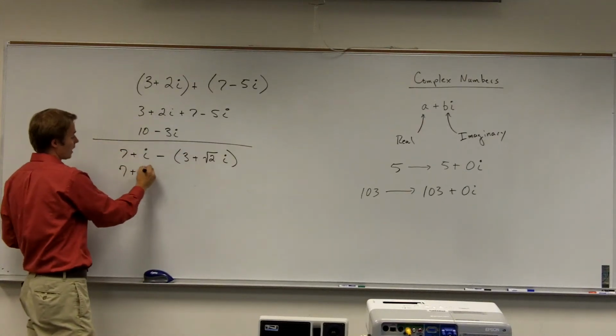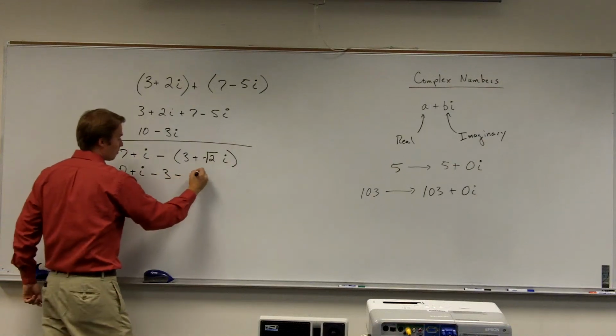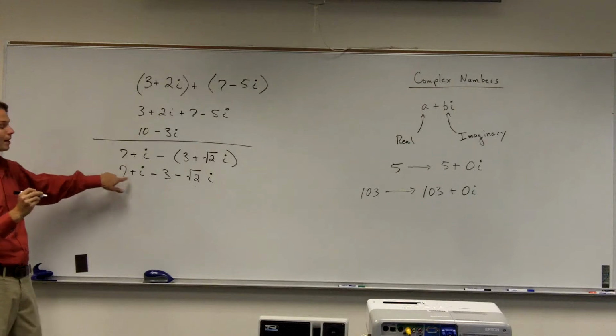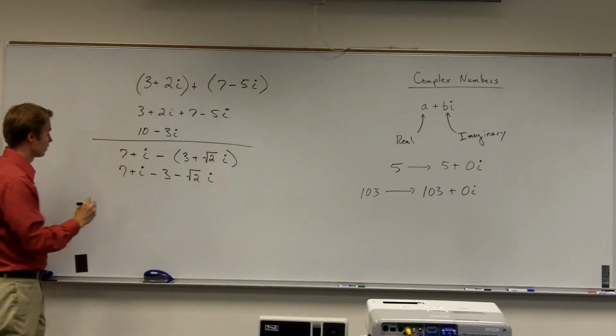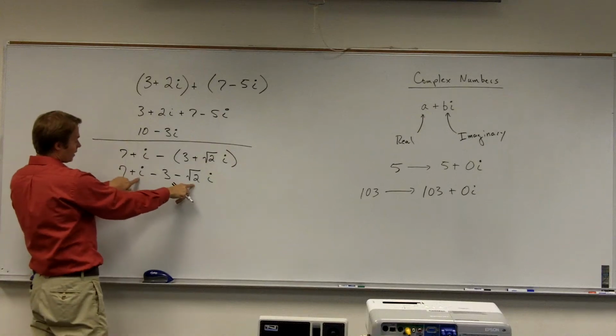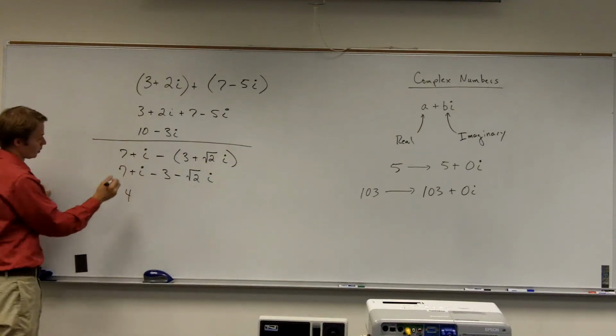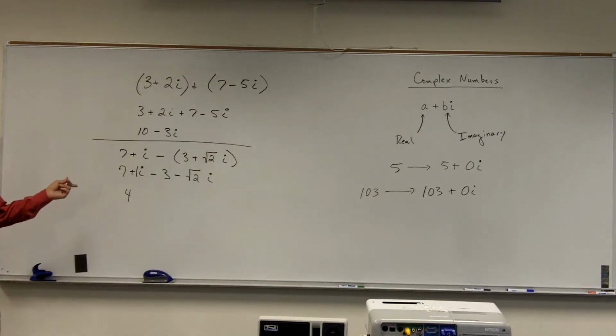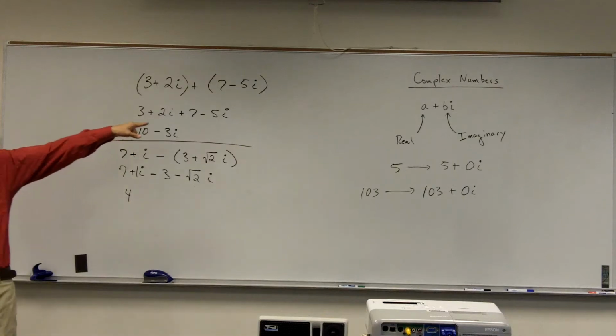So 7 plus i, and this will be minus 3 minus square root of 2 times i. I can definitely combine the 7 and then minus 3 easy, right? This will be 4. But I can also combine these two as well, right? This is really 1 times i, if I think about that. So what would the b part of this be, if I were going to write it in the form a plus bi?